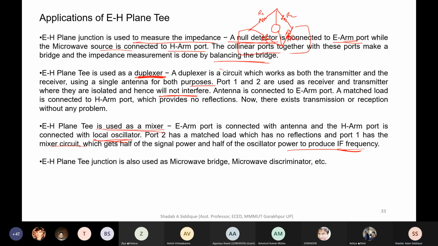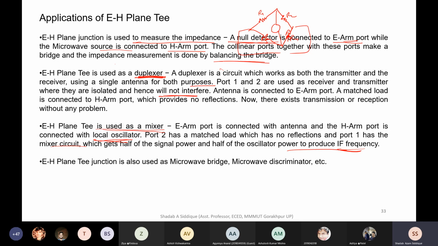Now in the next class, we will study, let me see the syllabus. One minute. Yes, in the next class, we will try to see the hybrid ring, the rat race circuit.